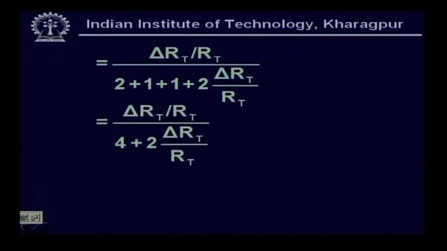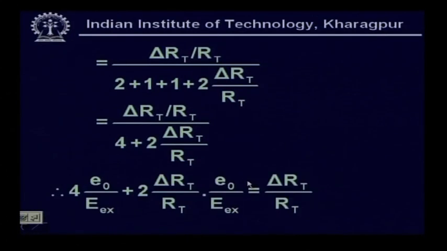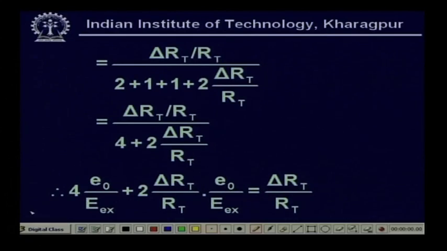So, this will lead to delta R T by R T into 4 plus 2 multiplied by delta R T by R T, right. If I make a little algebraic manipulation, this will be, actually, a bigger minus sign should be there: 4 E naught by E x minus 2 E naught by E x into delta R T by R T minus E naught by E x equal to delta R T by R T, right.